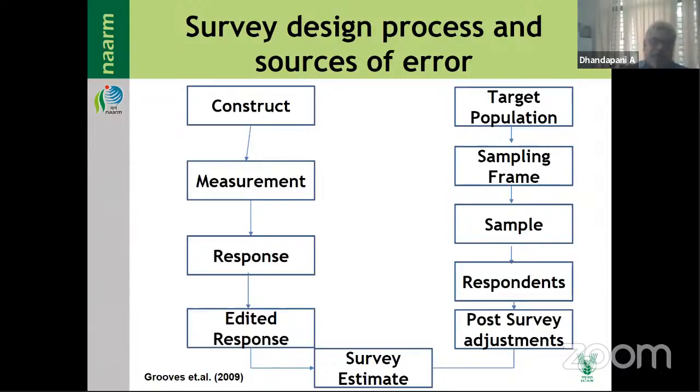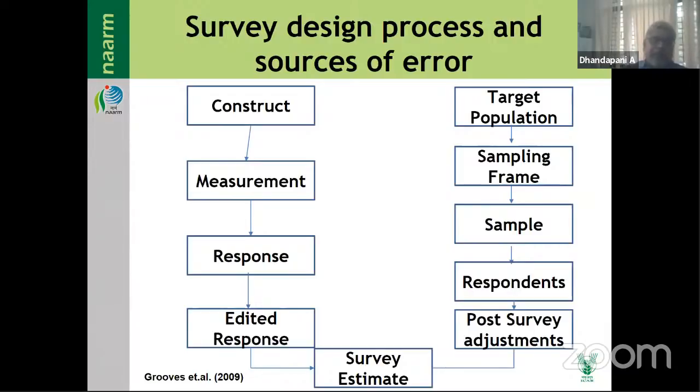So now you have defined a measurement, and you are getting a response. Again, there is going to be some kind of mismatch or error. This could be because, for example, I'm using a weighing scale that may have some kind of measurement inaccuracy. These are typically called measurement error.